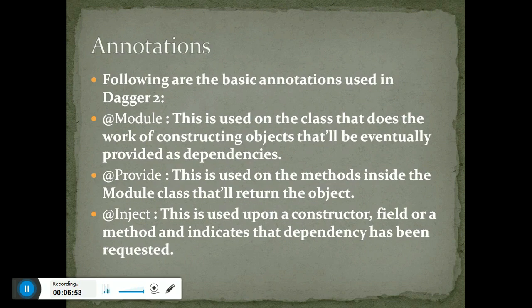This is used on the class that does the work of constructing objects that will eventually be provided, and provide is used on the method inside the module class that will return the object. Inject is used upon the constructor, field or method and indicates a dependency has been requested. So these three are our main annotations.